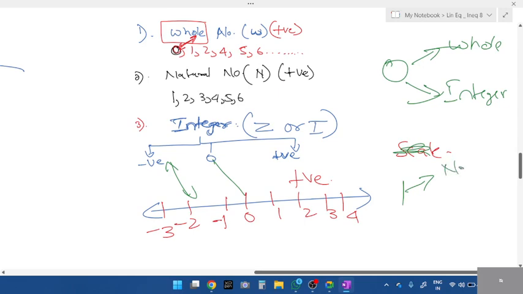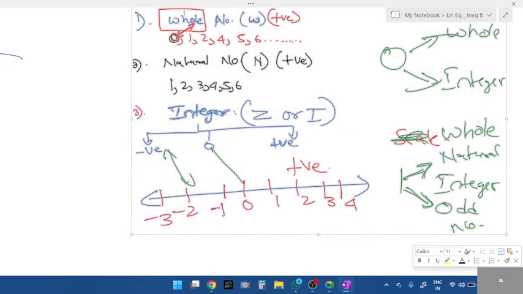We can call it natural number. You can call it whole number, right? Can we call it integer? Whole number, natural number, integer. We can also call it odd number. So there are a lot of names. Integer concept is done.